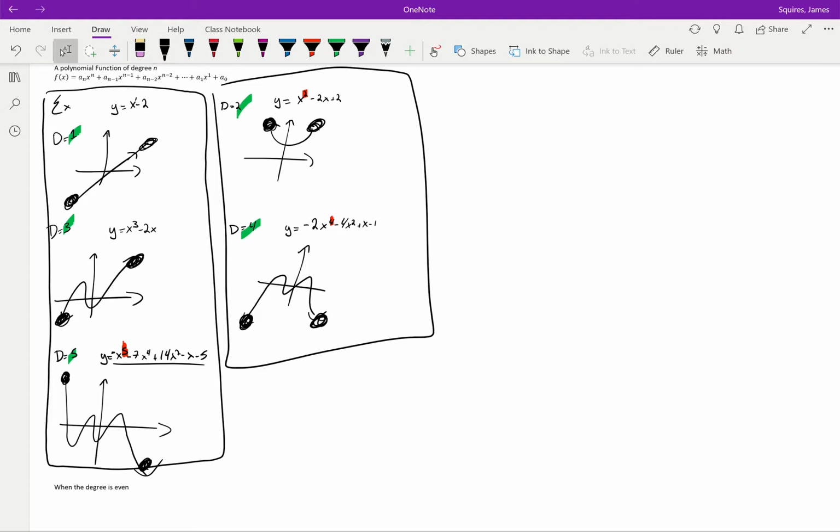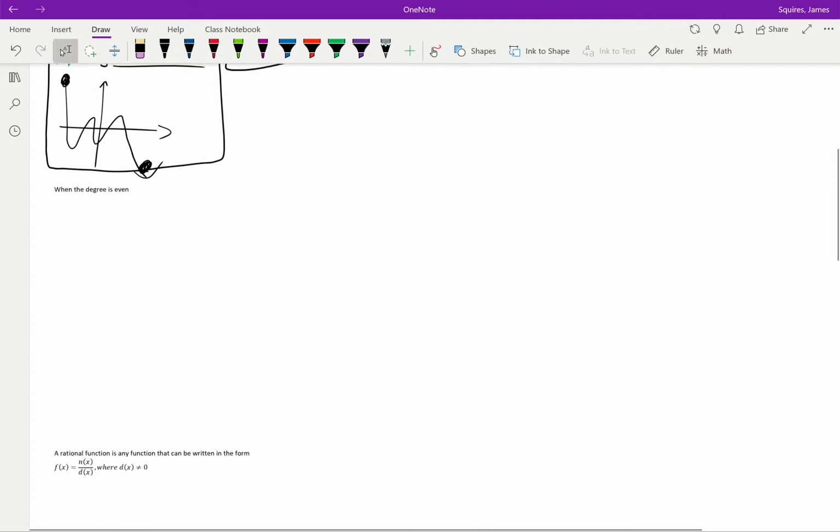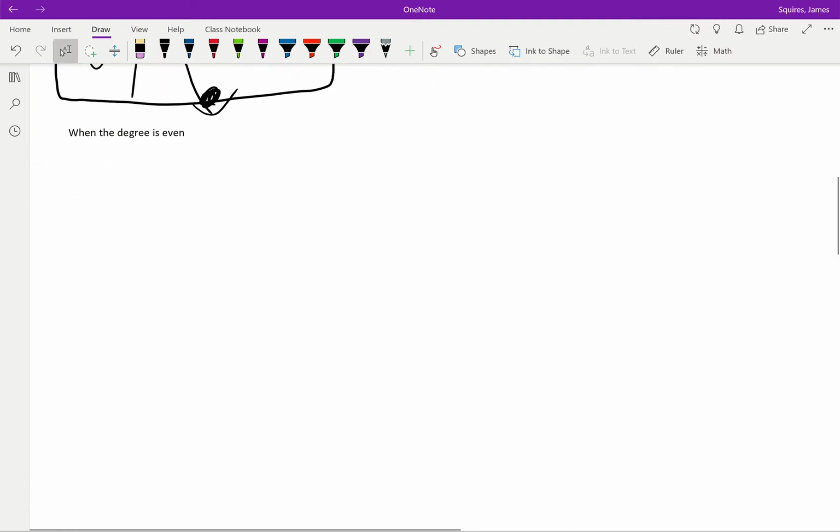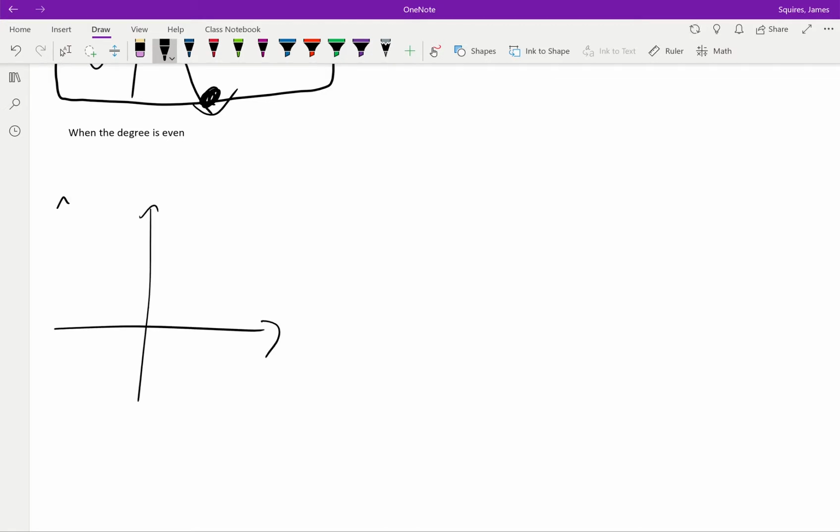So that is just something worth noting. So when the degree of a polynomial is even, maybe it's going to start in the upper left hand corner, then a bunch of things are going to happen in the middle, and then it'll eventually end up in the upper right hand corner.